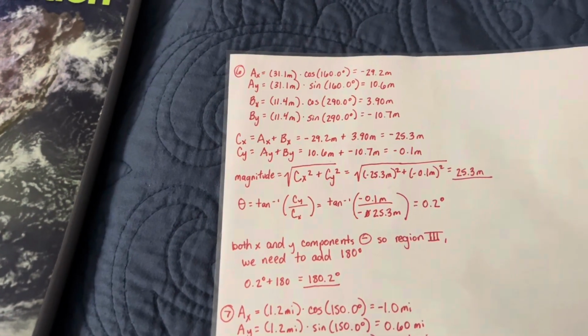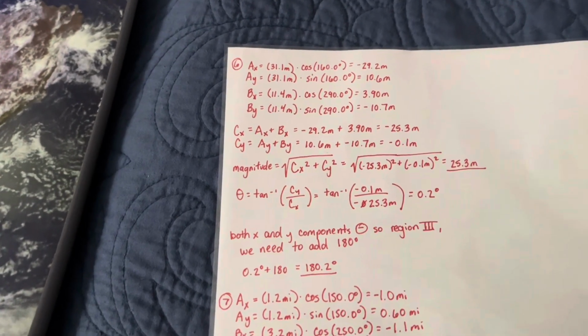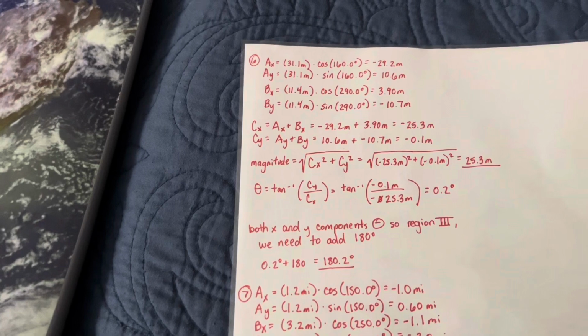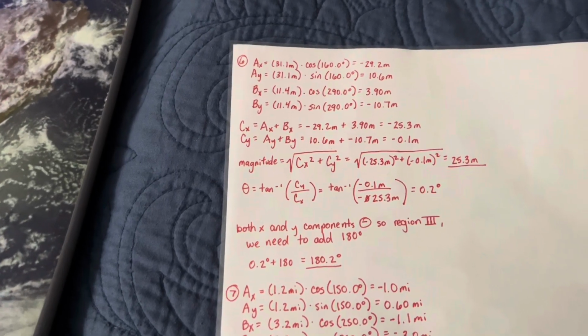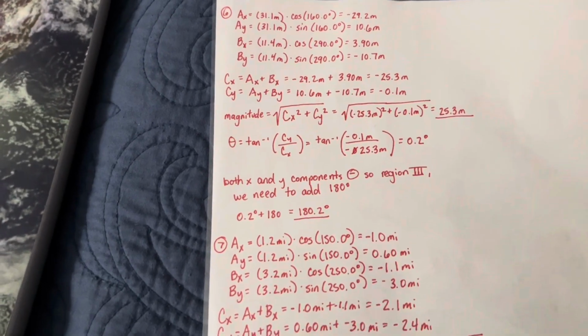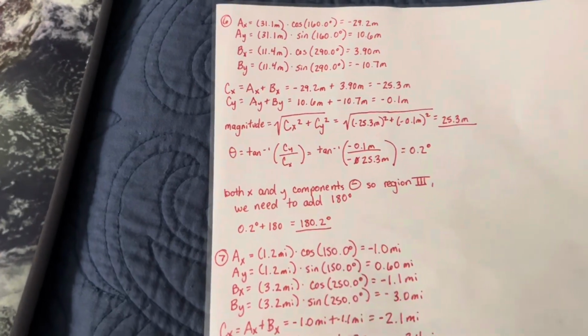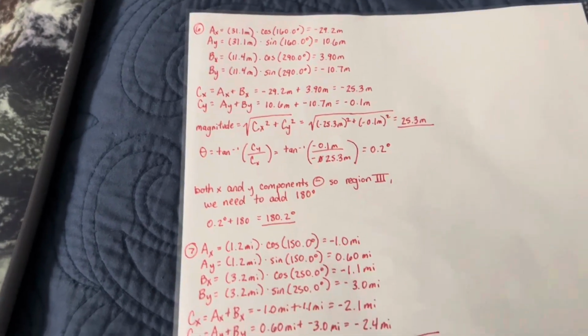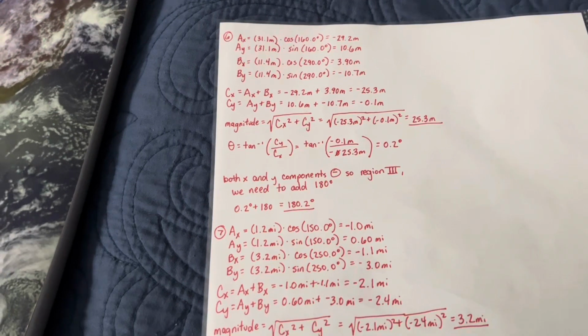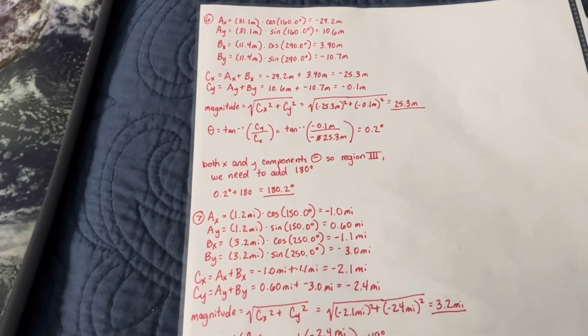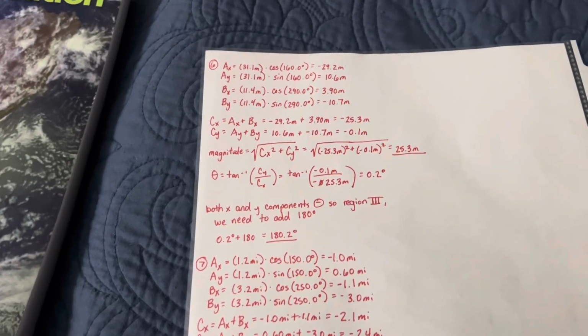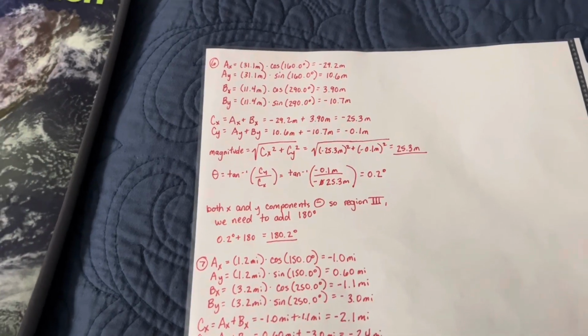I take the inverse tangent of that, and I got 0.2 degrees. The x and the y components were both negative, so it was in region 3, and I needed to add 180 degrees. So my angle is 180.2 degrees. All right, these are just a lot of plug and chug, working it out. Just know your formulas. Let me take a look at your test and see what hints I can give you.